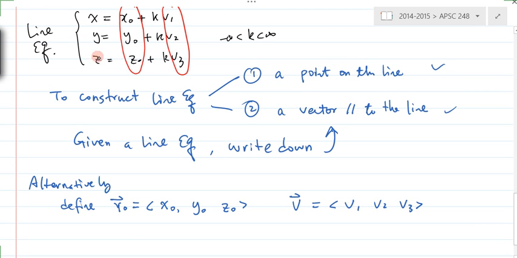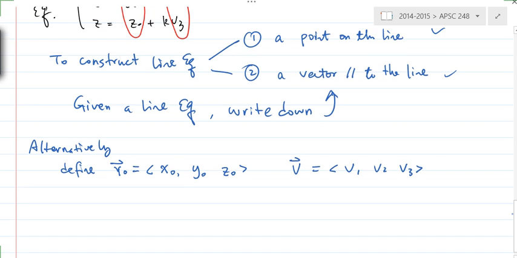And the x, y, z, that's the point on the line. So this time, we don't use the point P, we use a vector. We call that x of k, y of k, and z of k. Okay?